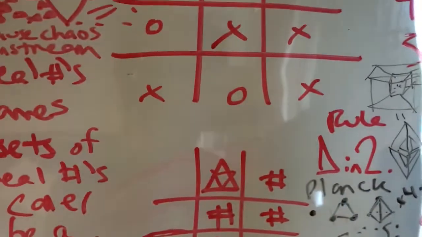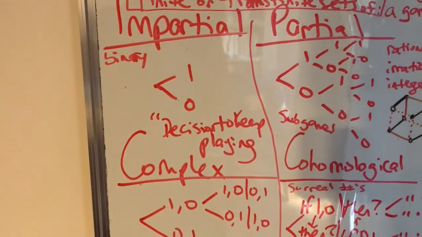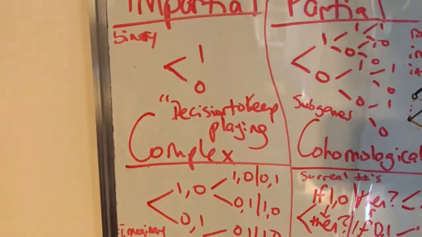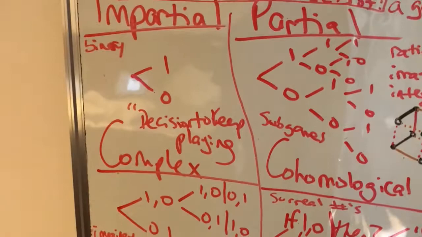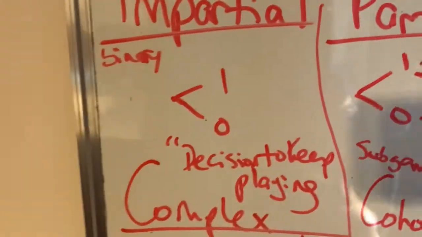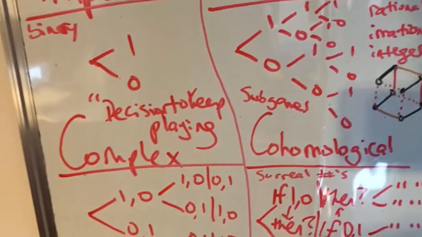And on the first player's second move, he has 7 options, and so at no point during the exchange of turns is there an equal amount of moves for each player. So tic-tac-toe, like chess, pretty clearly is not impartial, but there is an impartial game that's implicit in every explicit game, which is that you have the decision to keep playing. So that's a binary decision on every move.